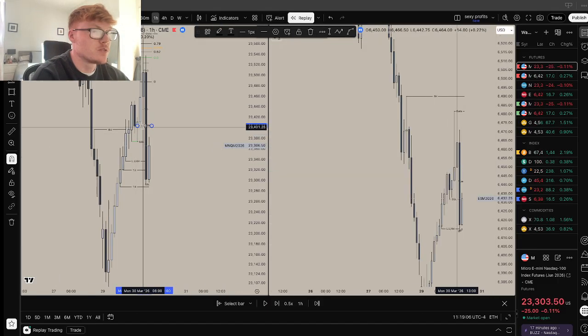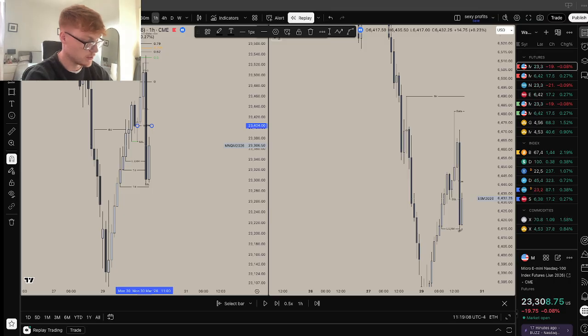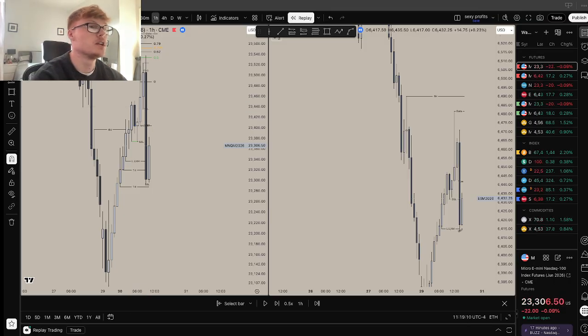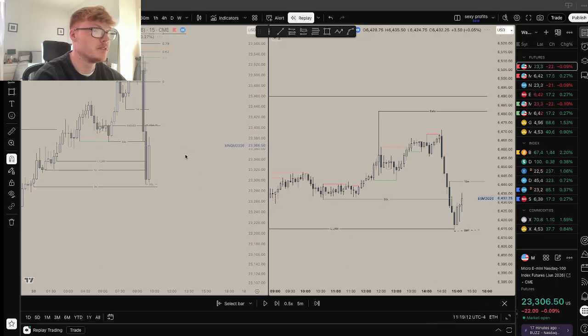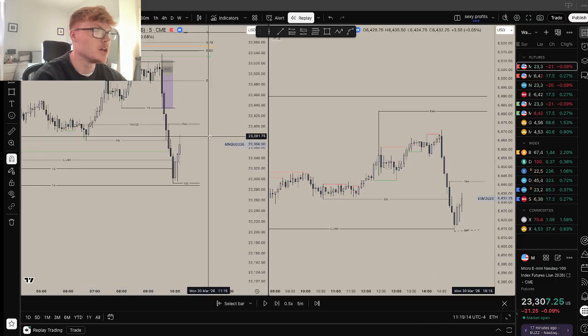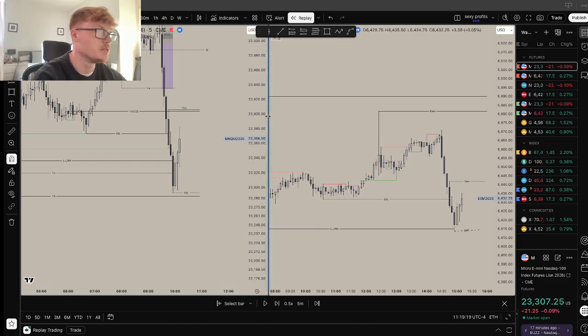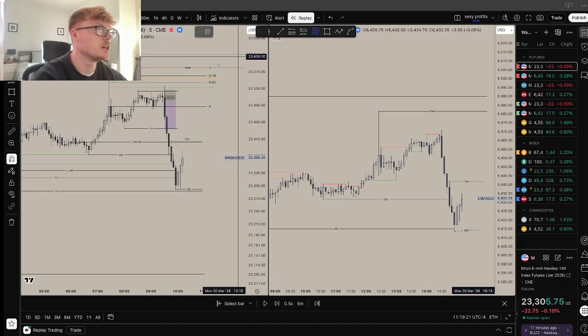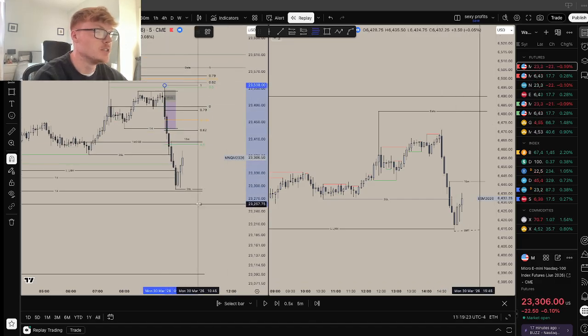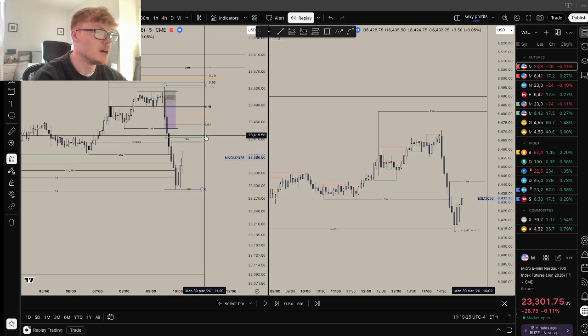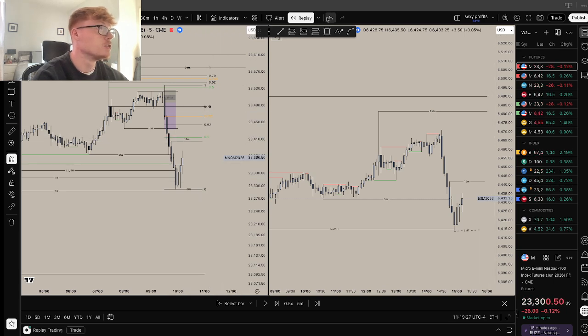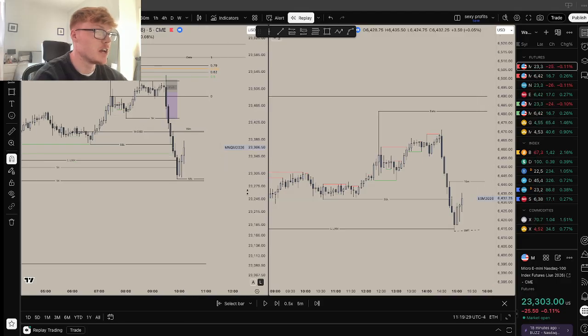So we had this 1 hour CISD just below the 15-minute gap, which was super, super nice confluence to add on top of the 15-minute. Solid point of rejection as well. We also had EQ just above the 15-minute gap.